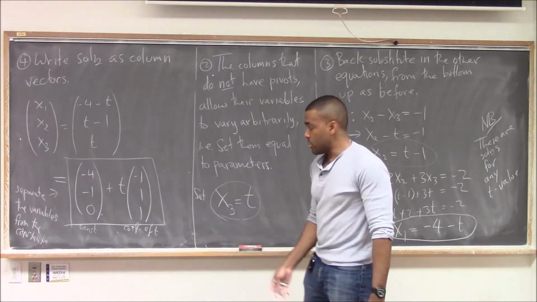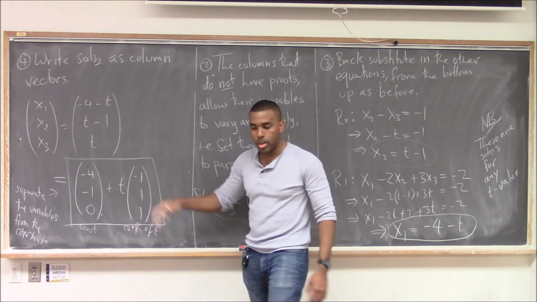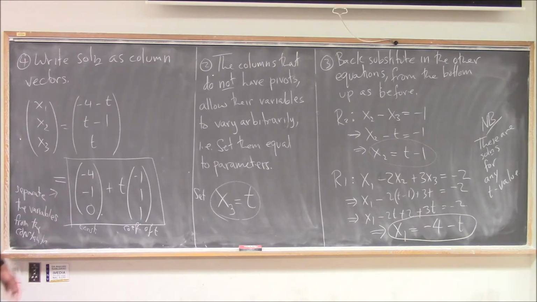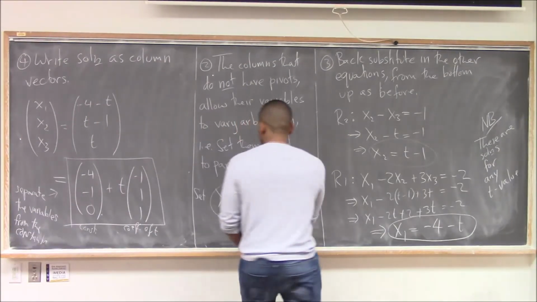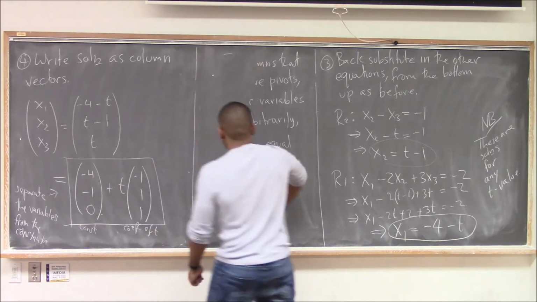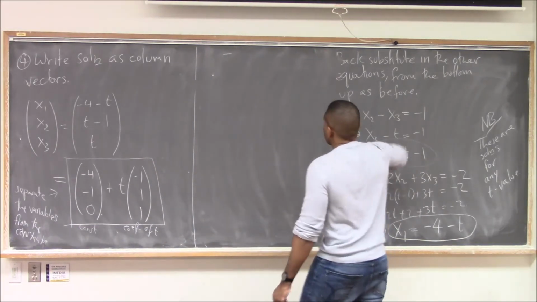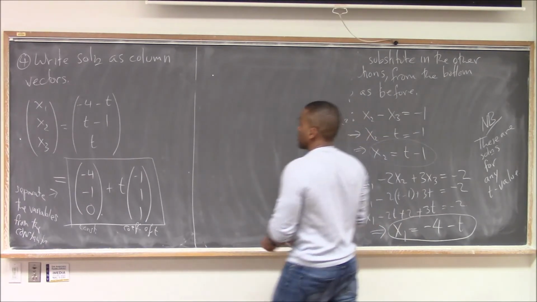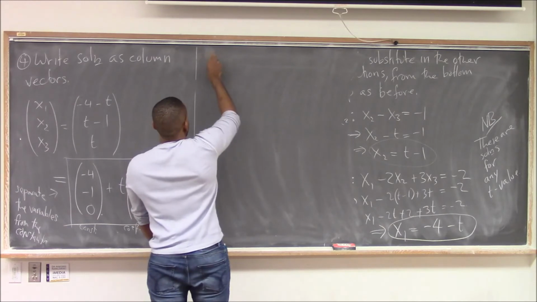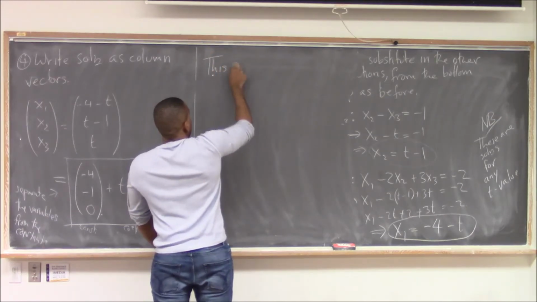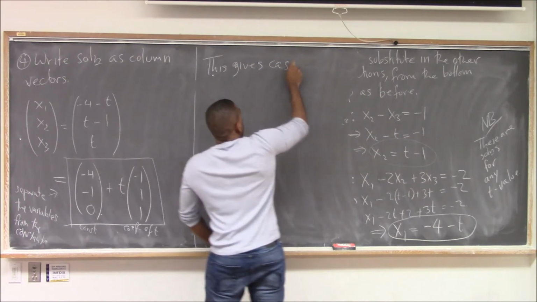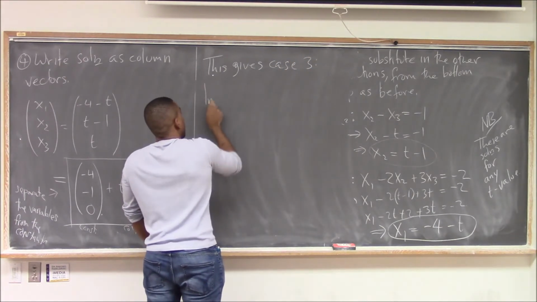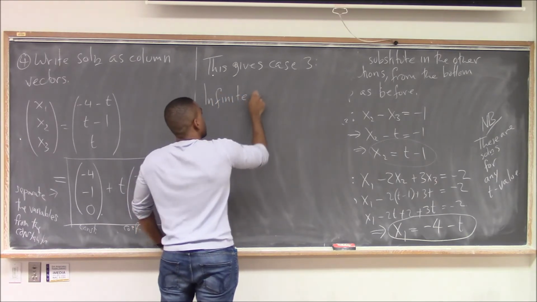In a larger context, the vectors that have the parameters attached to them are important in another sense. But for now, you just write the solutions in this way. This leads us to the third case: infinite number of solutions.